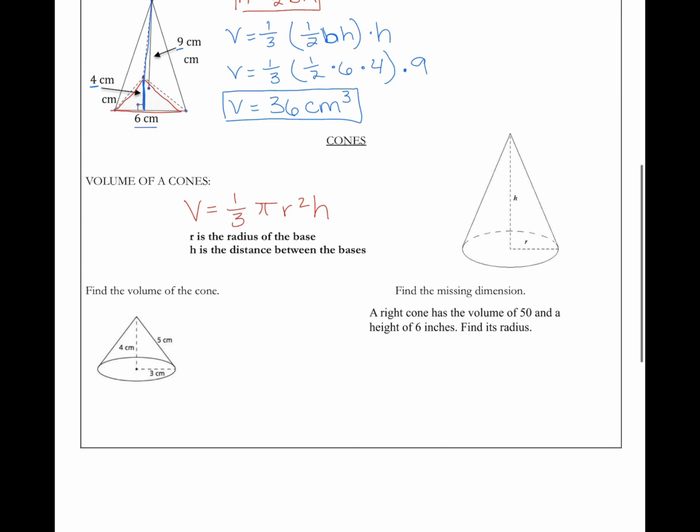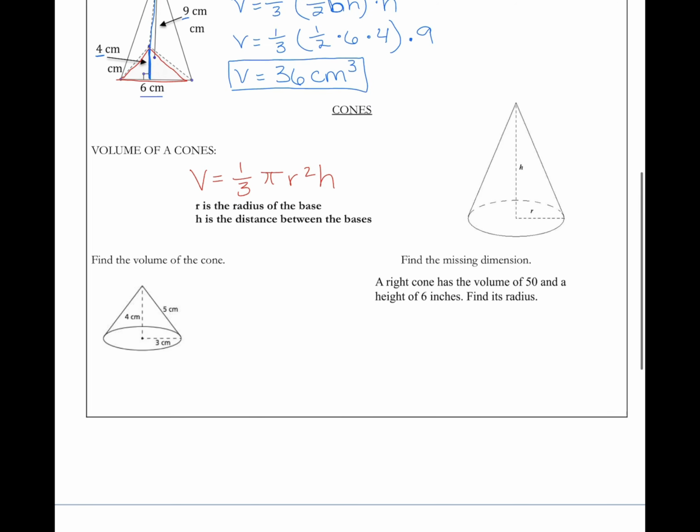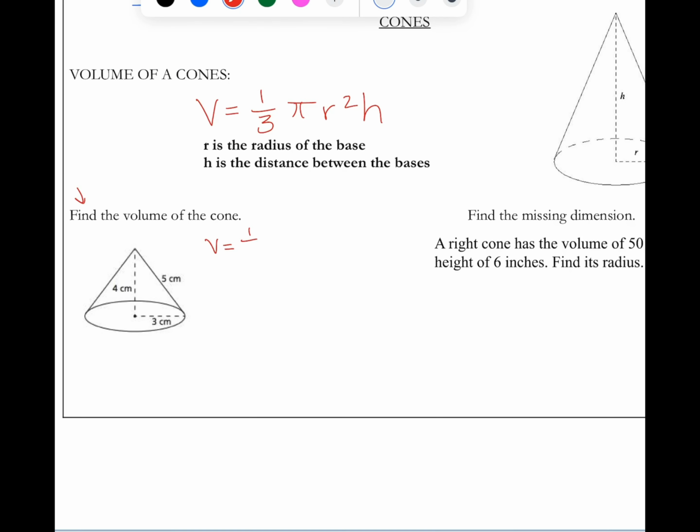The next bit of this concept is finding the volume of a cone. The formula for volume of a cone I have already written is 1/3 times pi times radius squared times your height, where your radius is the radius of your base and the height is the distance between the bases. So we need to rewrite our formula.